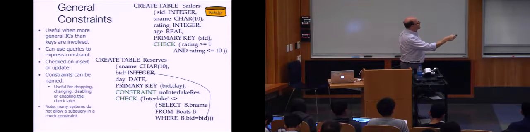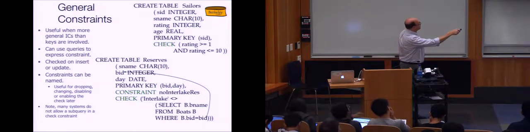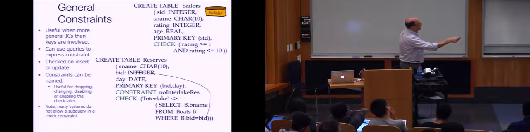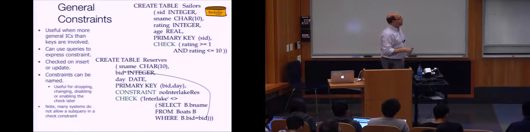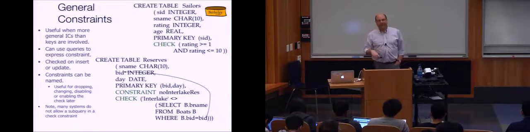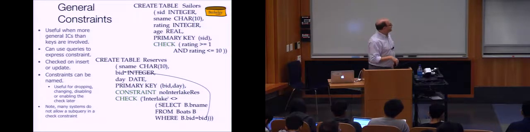Basically this is saying people can reserve any boat unless the boat's name happens to be interlake. Then we won't allow it. So when we insert a new reservations record, we're going to have to look up the boat with that boat ID, and make sure that its name isn't equal to interlake. If it's not interlake, then you'll allow the reservation. If it is interlake, you won't allow it. Okay? So that's what that's doing.